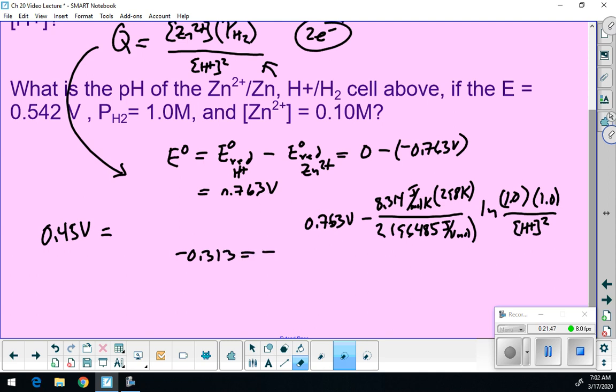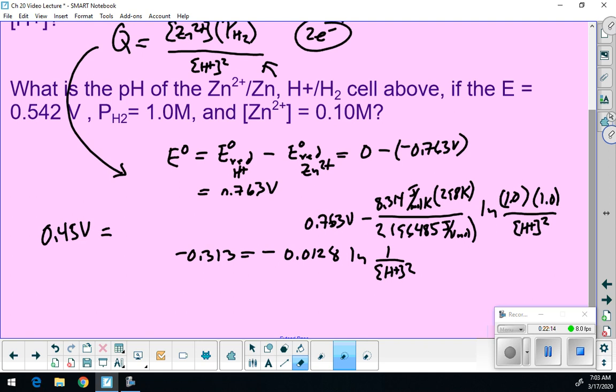I'm going to calculate all that stuff right now. Are you ready? 8.314 times 298 divided by 2 divided by 96485. So I get that's equal to a negative 0.0128 natural log of 1 over my H plus squared, right?